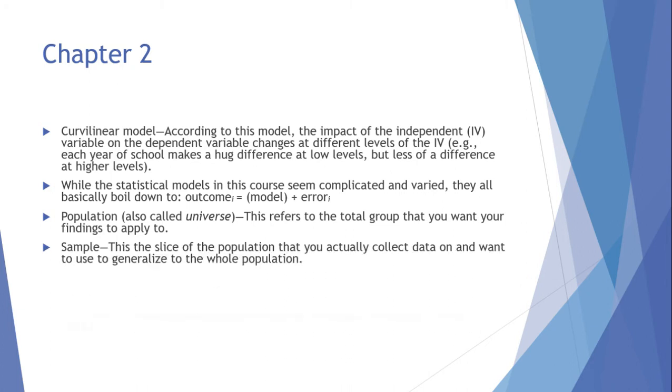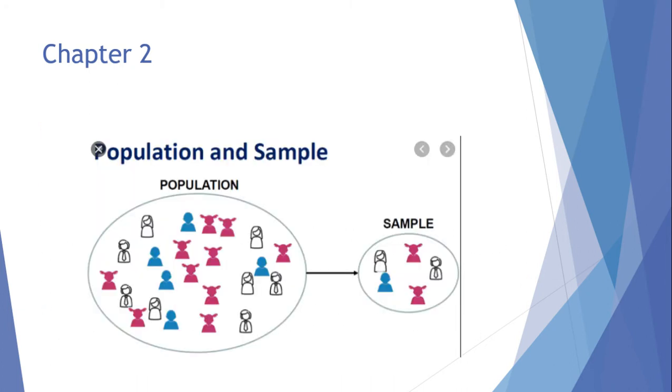I believe there's a visual that shows this population and sample part of it. So the population is just everybody that you're interested in learning something about. And that's decided by the researcher. The researcher is the one who decides, okay, I'm interested in this universe, in this group of people.